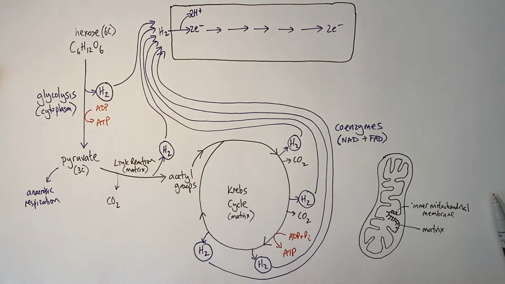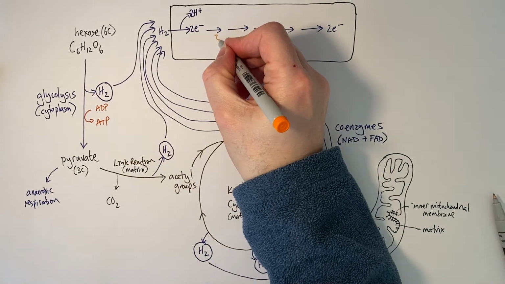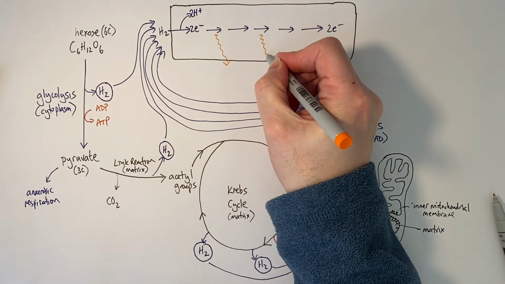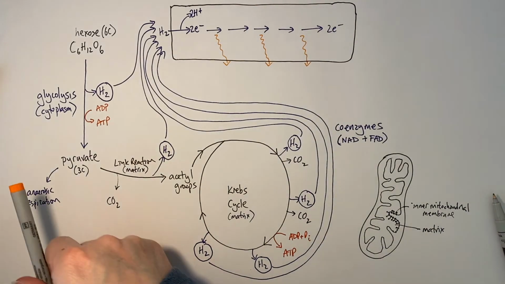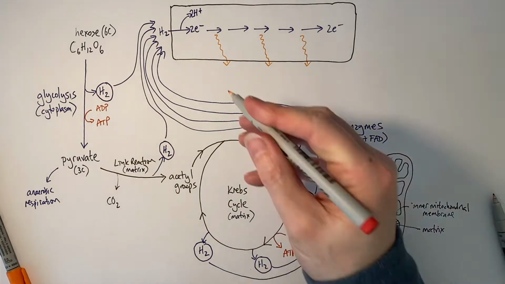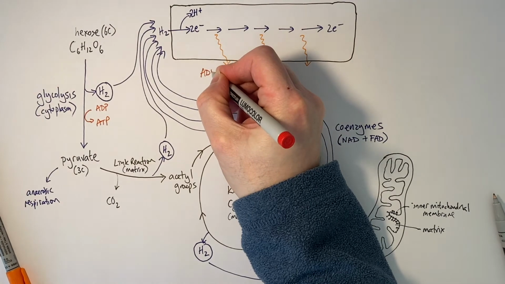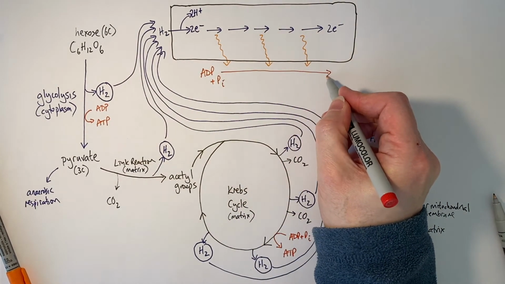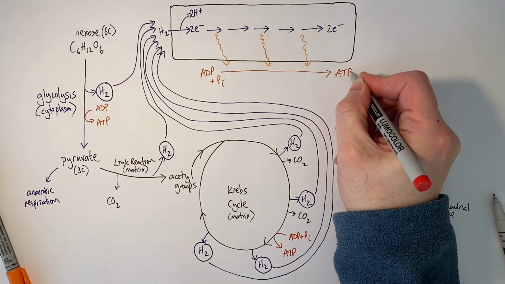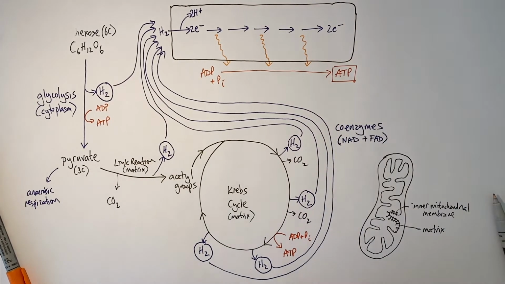And as they are passed between the series of carriers, energy is released. And that energy is used by the process of chemiosmosis to combine ADP and inorganic phosphate to make ATP.